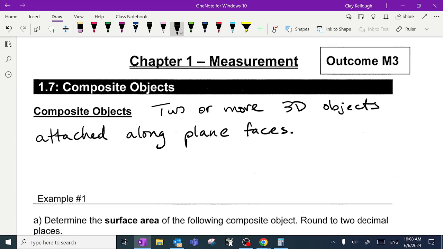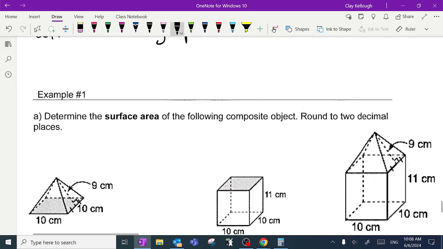So, my surface area for this thing is going to be the surfaces of this pyramid, the surfaces of this square prism, but notice the two shaded faces, those aren't surface anymore, right?